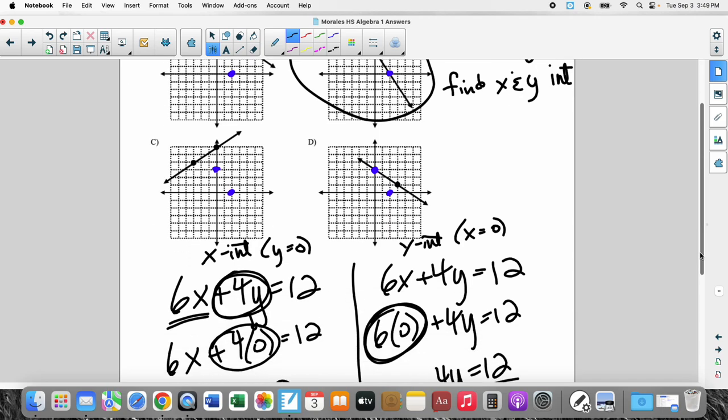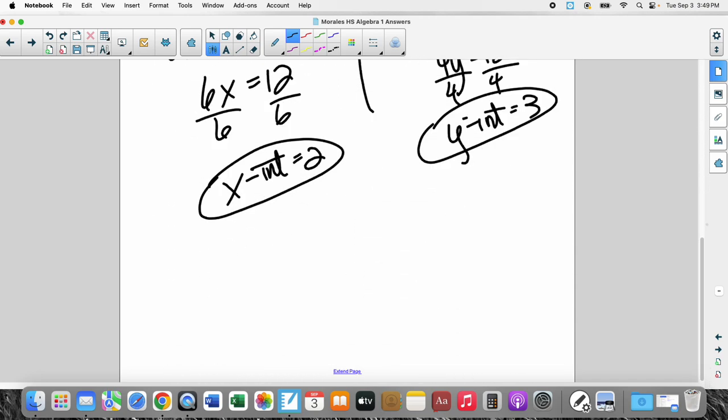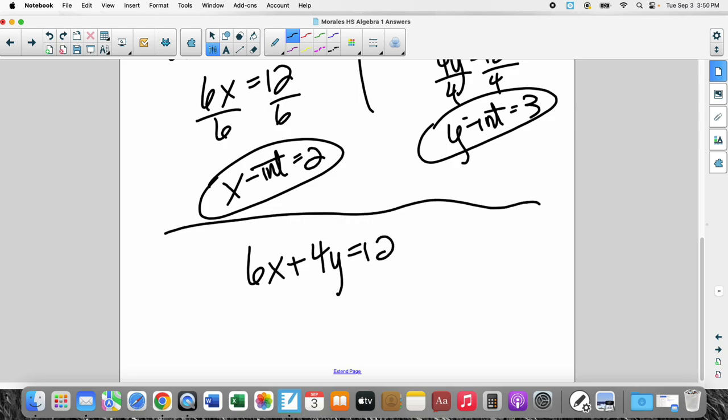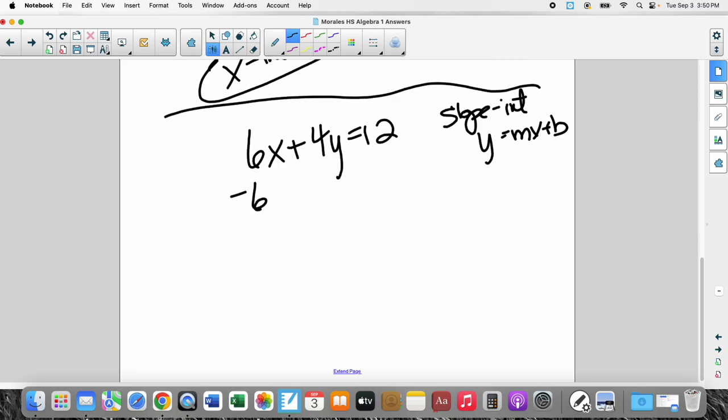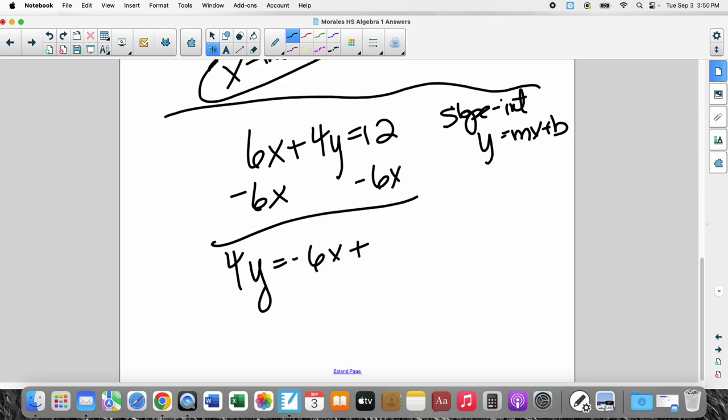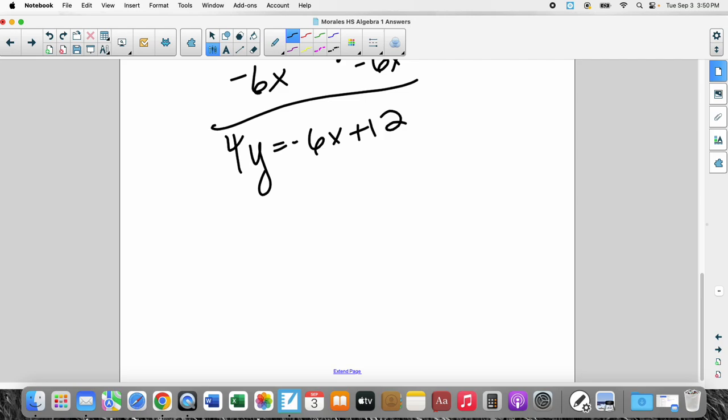The other way you could have done this is you could have put 6x plus 4y equals 12 in slope-intercept form, which is y equals mx plus b. So you can solve for y. So we could subtract 6x. You can get 4y equals negative 6x plus 12. You can divide everything by 4.